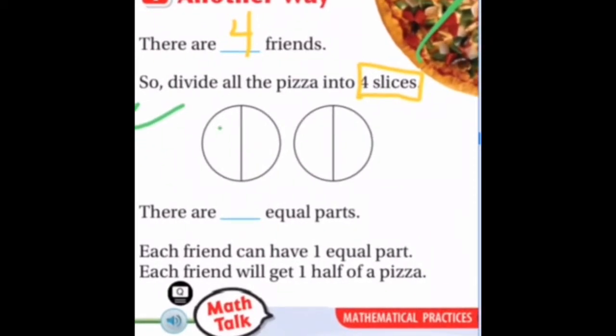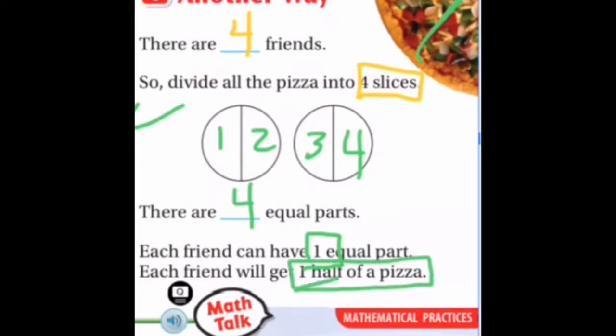So how many equal parts are there? 1, 2, 3, 4. We have a total of 4 equal parts. Now here, each friend only gets 1 slice. Okay? Each friend gets 1/2 of a pizza.